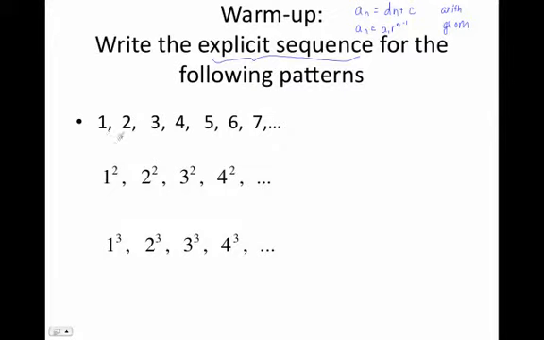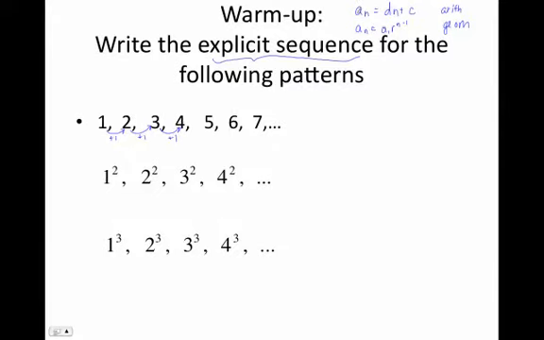Alright, so after giving this a try, I am going to expose the answers now, so if you want more time, pause me. But what I do want you to see for this one is that it does have a common difference. We're trying to figure out, is there something being added each time over and over again? We're adding just one over and over again.